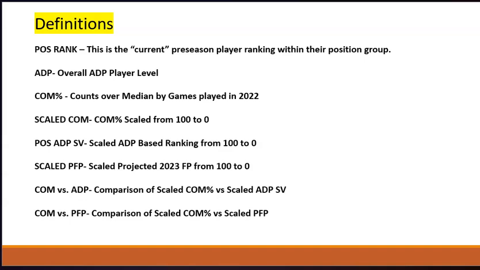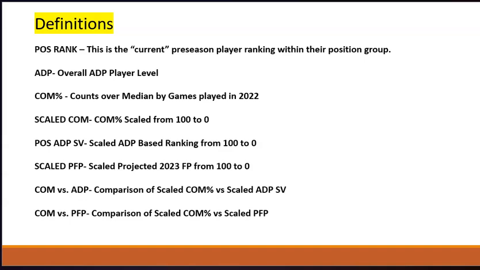So there are statistically tested aspects of this ranking. It's not a guess, it's not I feel like. This is statistical analysis. The comm percent is sticky data, and it's predictive between years.